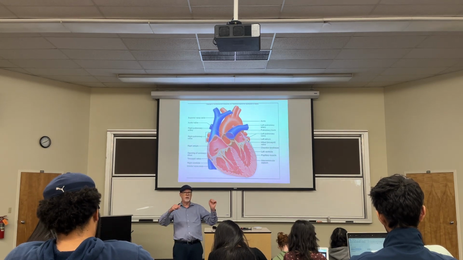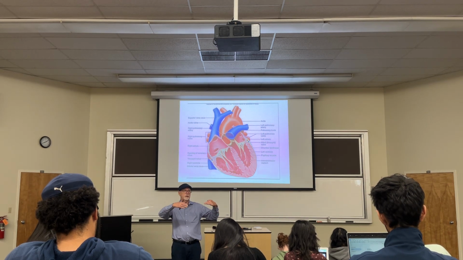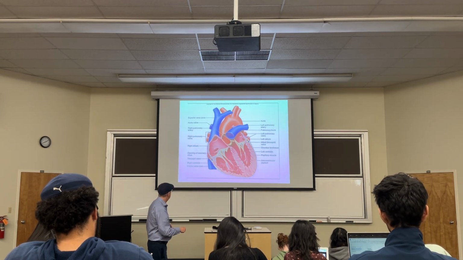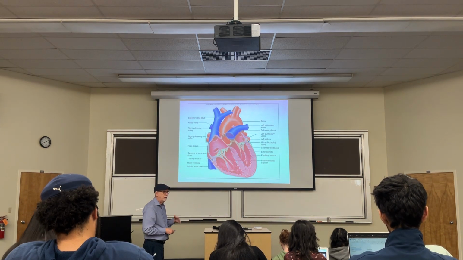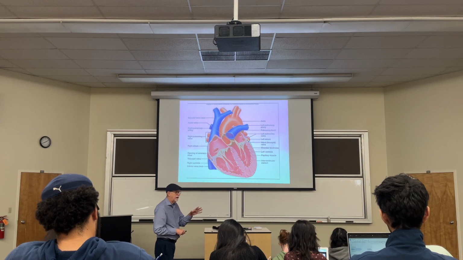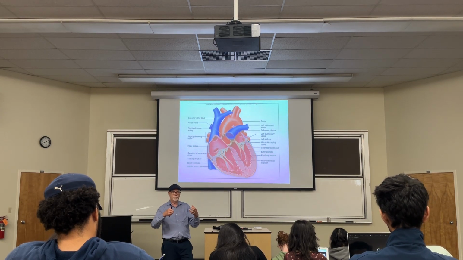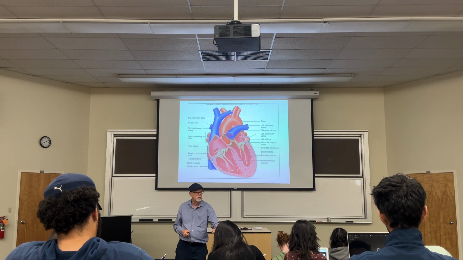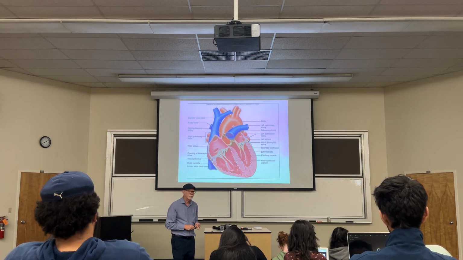We call this passive filling because nothing has contracted yet. It's filling up, filling up, and it gets about 2/3 full. Then the atria contract and they push blood from the atrium into the ventricle, and they fill it up the rest of the way. It's now full.